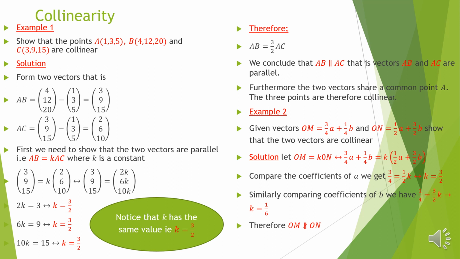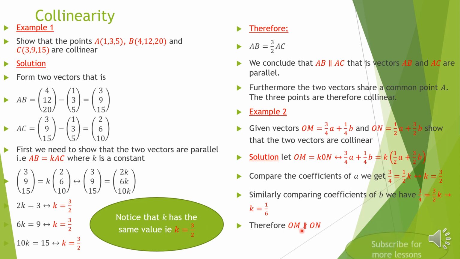Realize that the two values of K are not similar, and therefore we conclude that OM is not parallel to ON. And because OM is not parallel to ON, it tells you that those two given vectors here are not collinear.